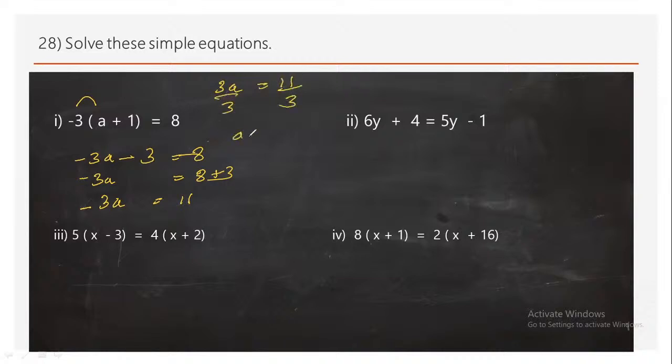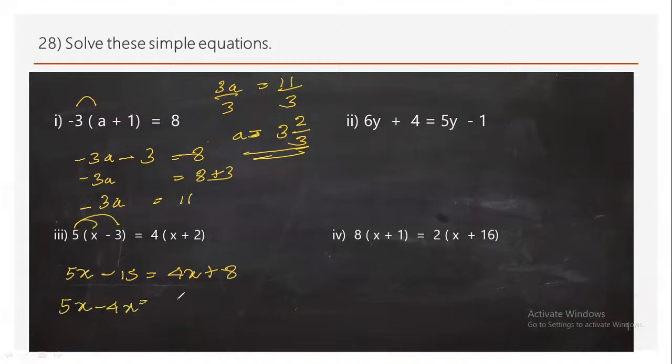A equals 11. How many 3s are there? 3. 2/3. 5 times 3, minus 15 equals 4 times x, 4x. 4 times 2, 8. 5x minus 4x equals 8 plus 15. X equals 8 and 15, that is 23. Right, 8 and 15, that is 23.